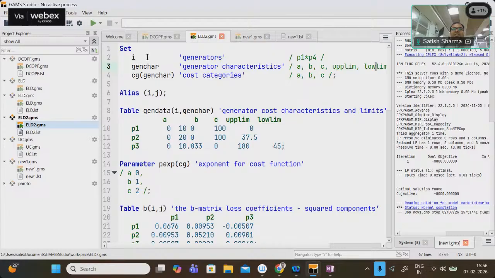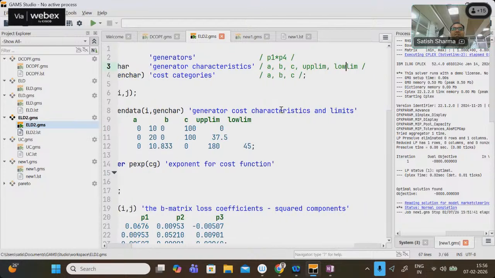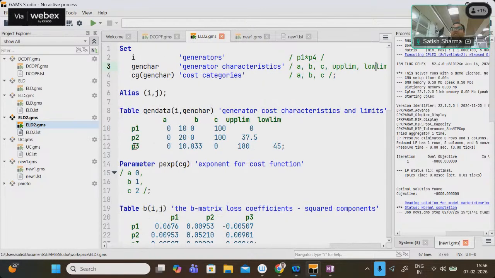Now, once the set has been defined, we will give the input, basically different input data. You can see the generator cost characteristics and limits. So let's say P1, P2, P3 are the three generators, and then A, B, and C are given like this.